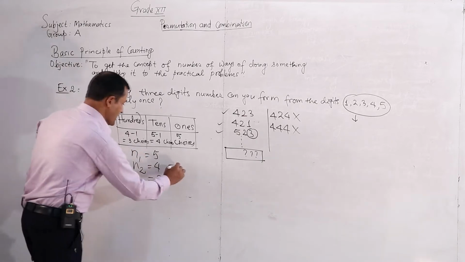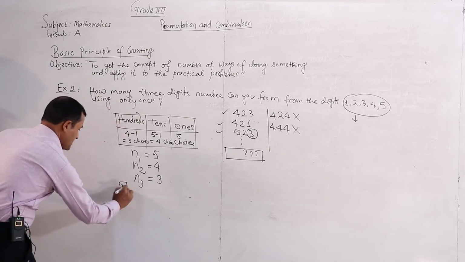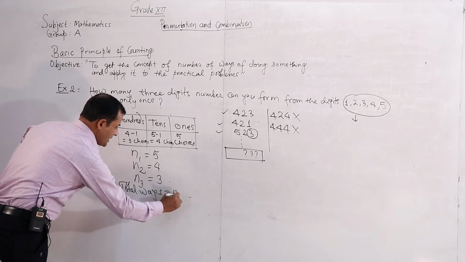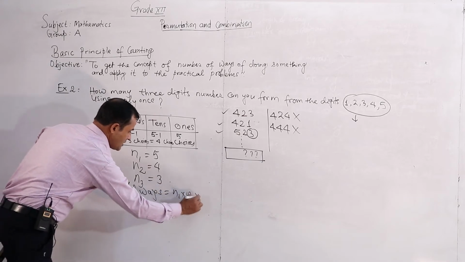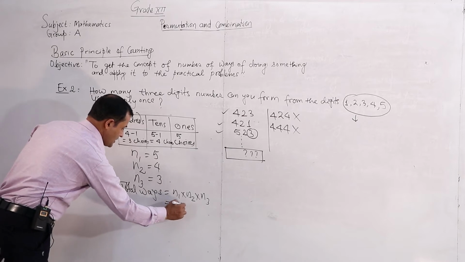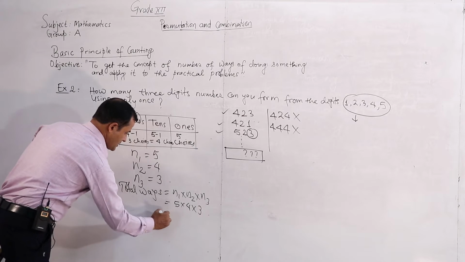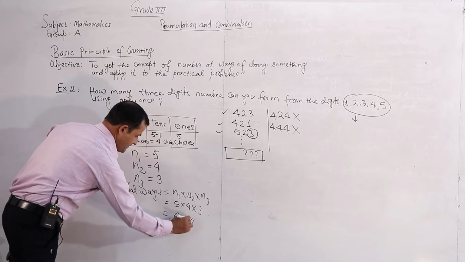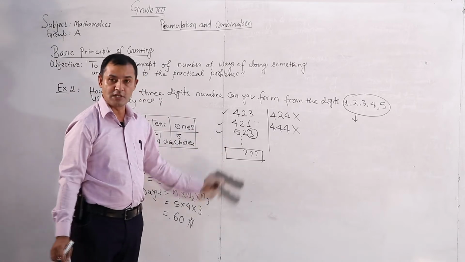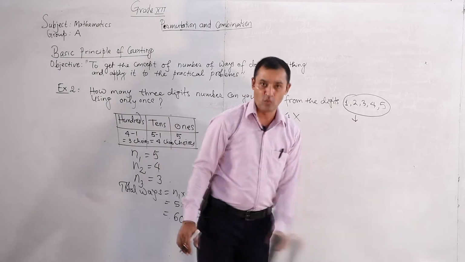So the total ways equals n1 times n2 times n3, which is 5 times 4 times 3, which is 60. So we can make 60 such 3-digit numbers without repeating the digits, using these digits only once.